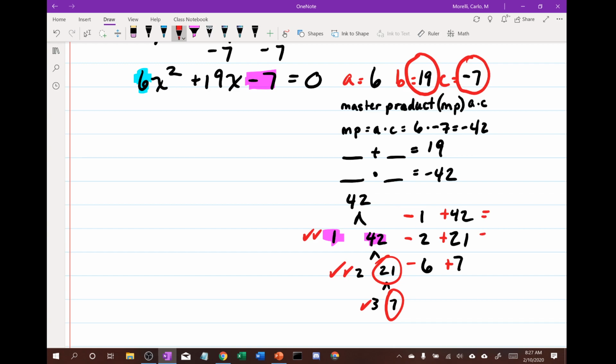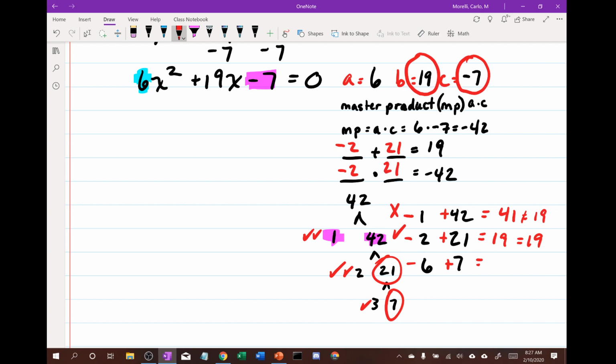Now we add each one until we arrive at 19. Negative 1 plus 42 is 41. That is not equal to 19. Negative 2 plus 21 is 19. That is equal to 19. So our factors are -2 and 21.